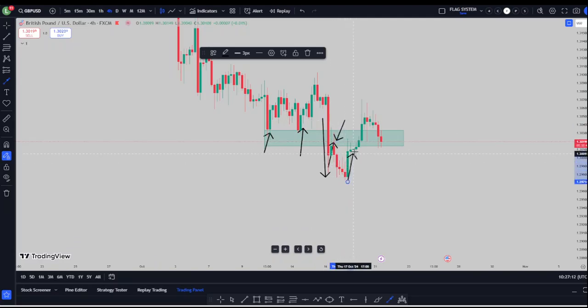Then price approached this resistance zone last week. We're expecting price to continue to sell downward. But unfortunately, price broke the resistance. Now, price is retesting this broken resistance, now turned to support, for the continuation of the bullish structure.